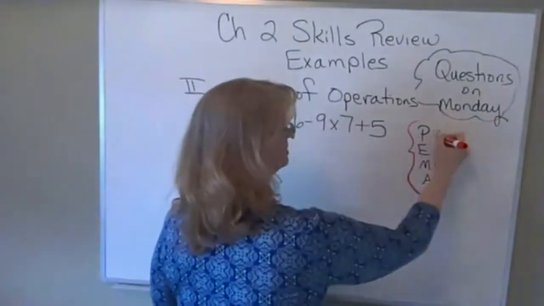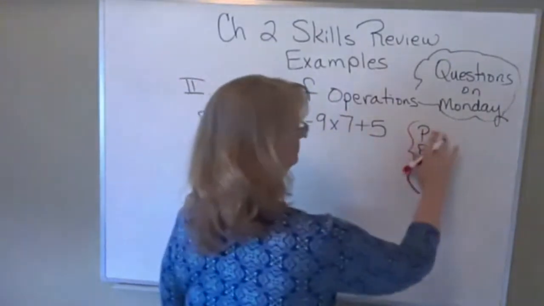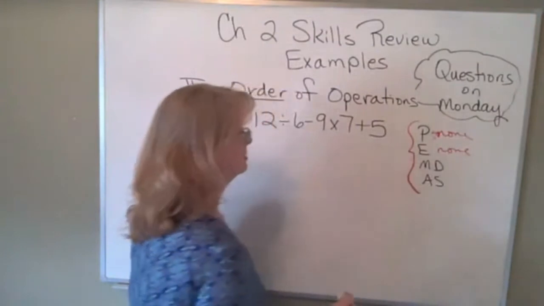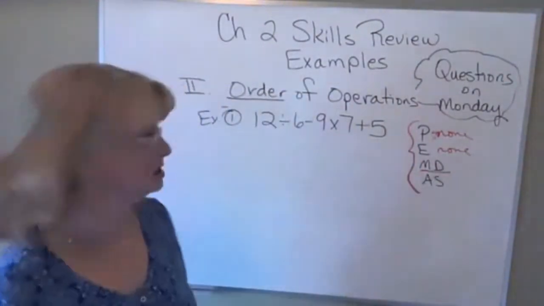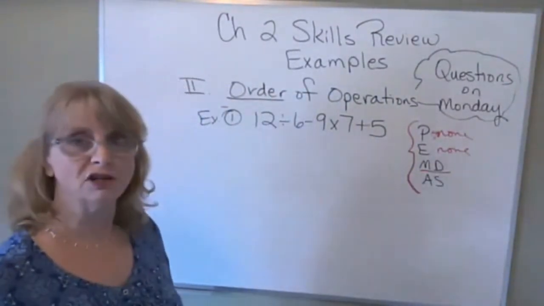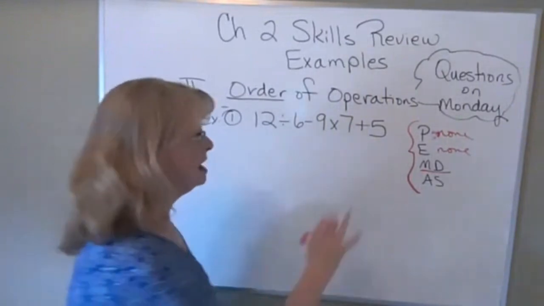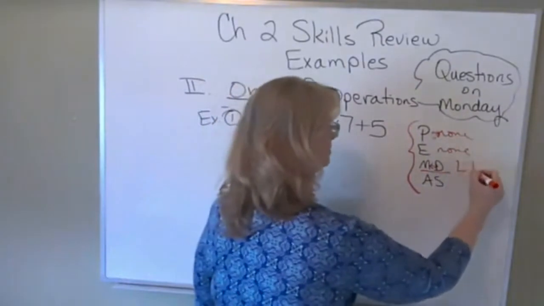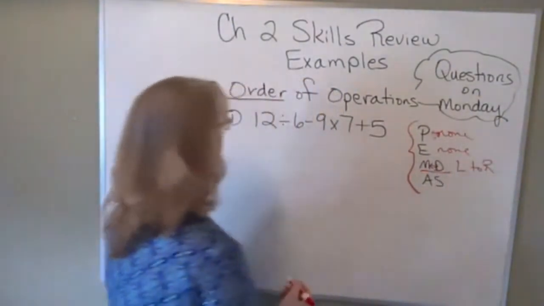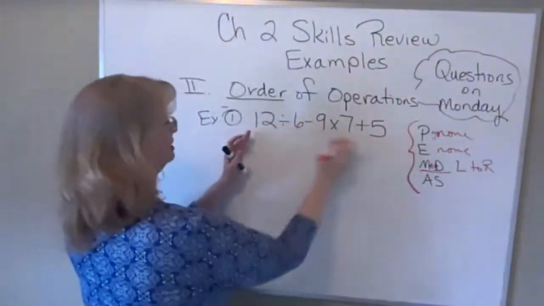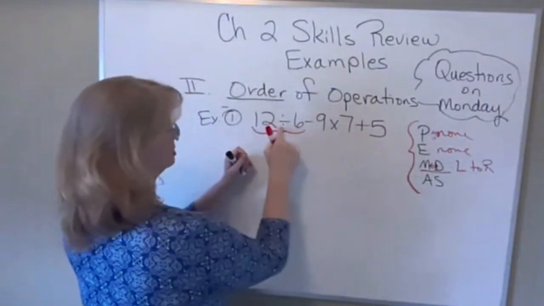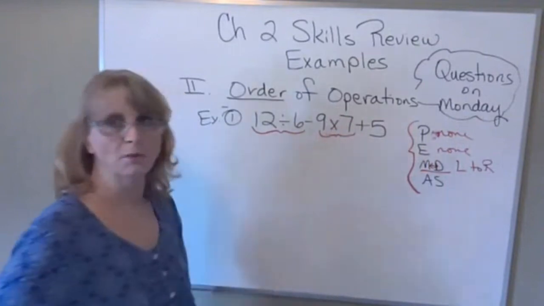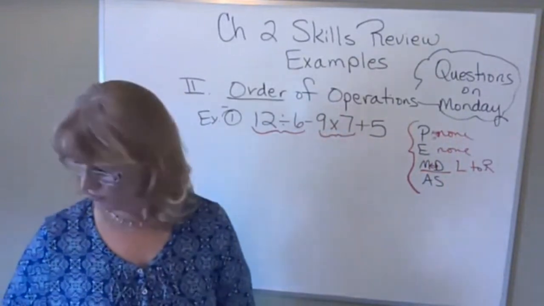We don't have any parentheses, and we don't have any exponents. But we do have multiplication and division. So we need to do the multiplication and division. It's not multiplication then division, it's either one from left to right. So going from left to right, we're going to do this division, and then this multiplication. Multiplication and division are equal, we do them left to right.